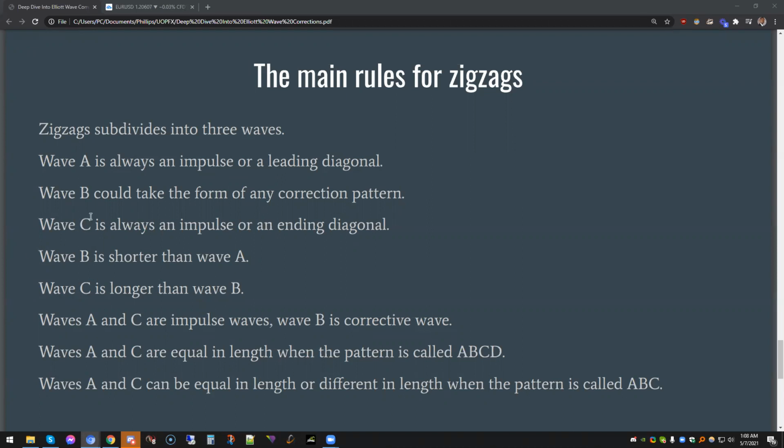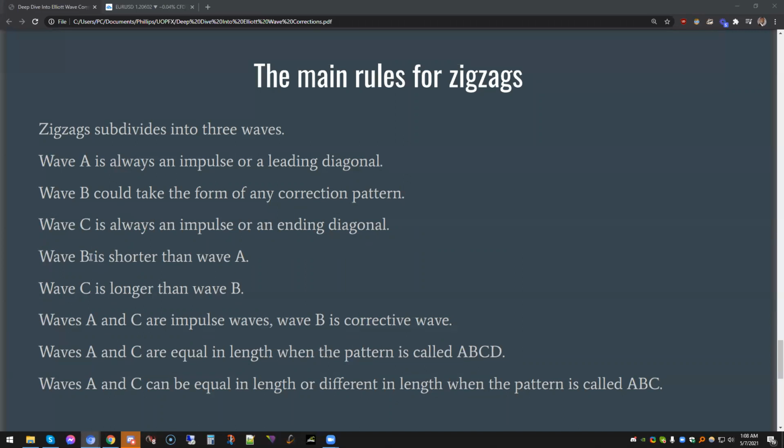Now, the B wave could take the form of any corrective pattern. The B waves are generally triangles. They are flat patterns. They can be WXY formations or WXYXZ formations. I've even seen them as diagonal formations. The C leg is also an impulse or an ending diagonal.